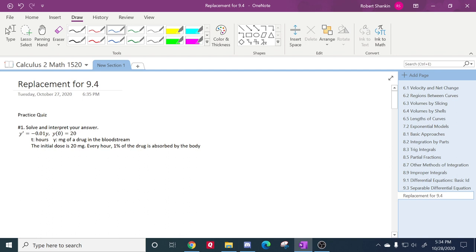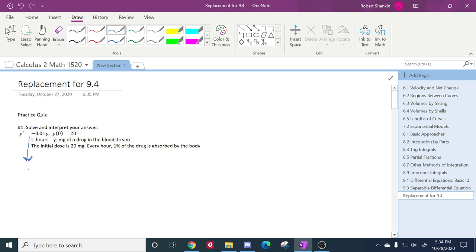Okay, so when we have this differential equation, we can solve it by separation of variables if we want. Do dy dt, get the y on one side, the t on the other side. But when there's no plus anything else, we can also do this the fastest way possible. We can say, what is the function whose derivative is this constant times itself?